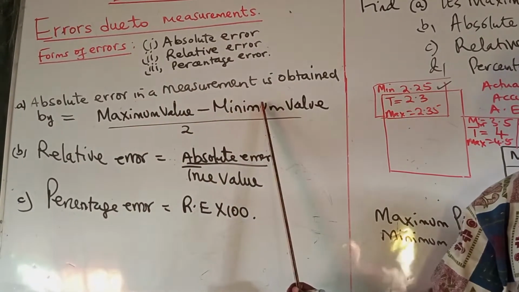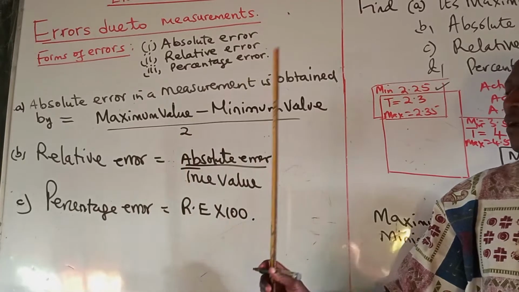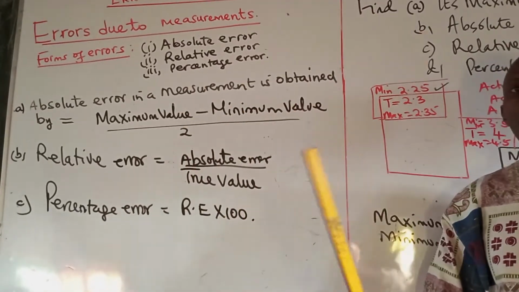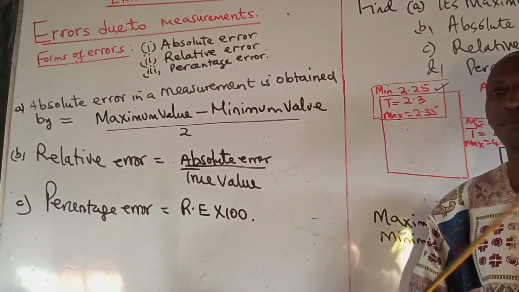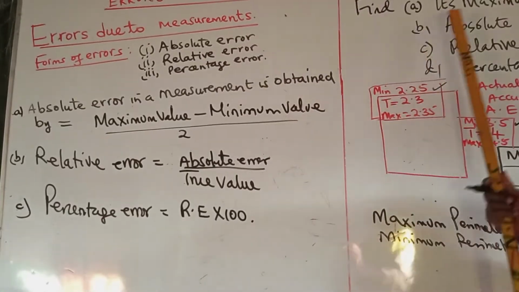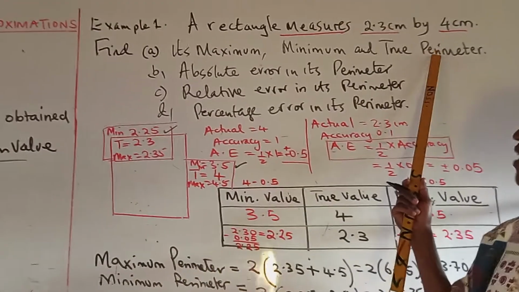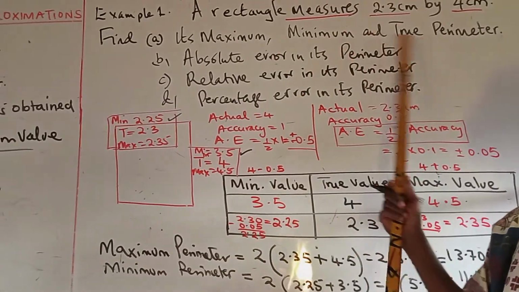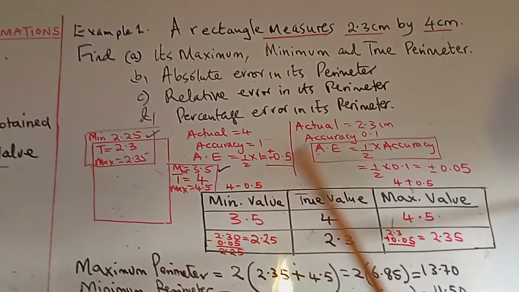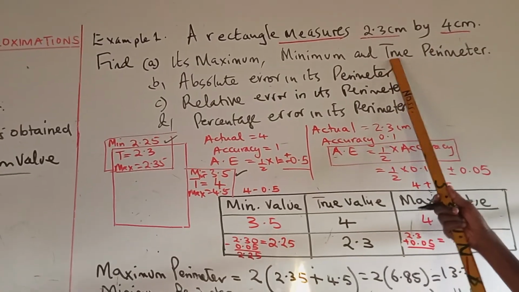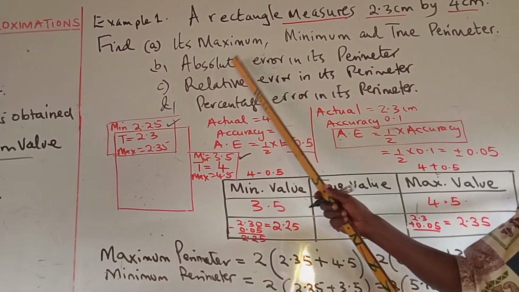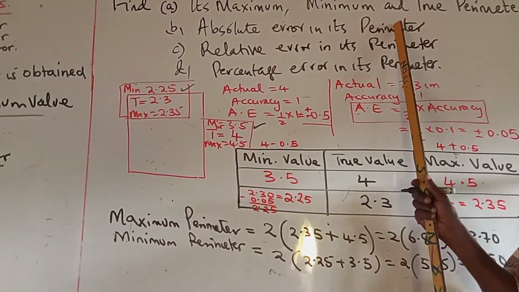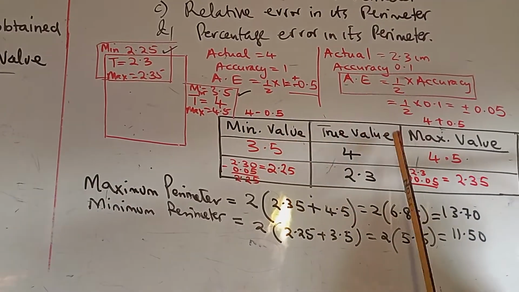Viewers, we are not talking about the absolute error of one measurement. The measurement in the question is the perimeter. That is part 2. So we have already done part 1, except maybe the true perimeter. We can work on the true perimeter and then we move on to absolute error in the perimeter, not in the individual measurements.